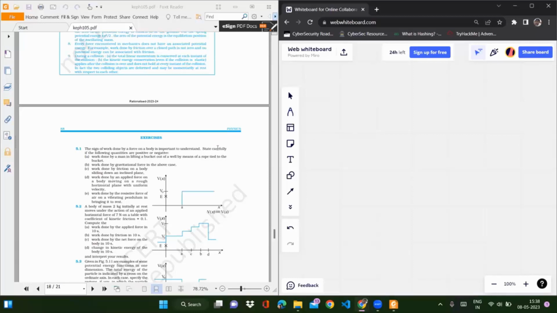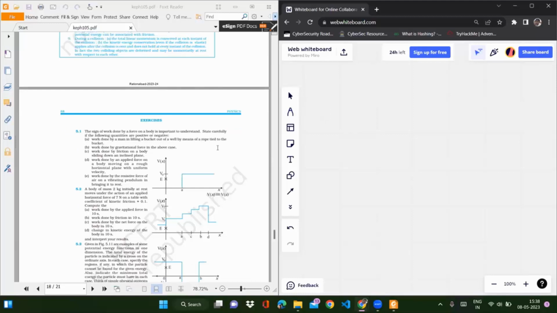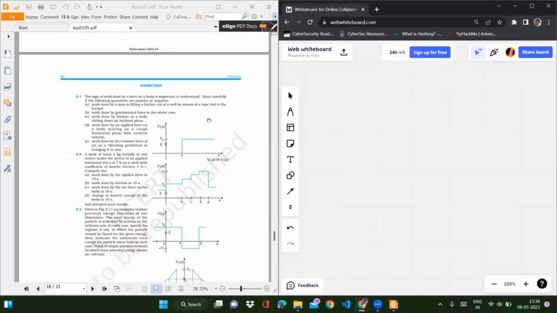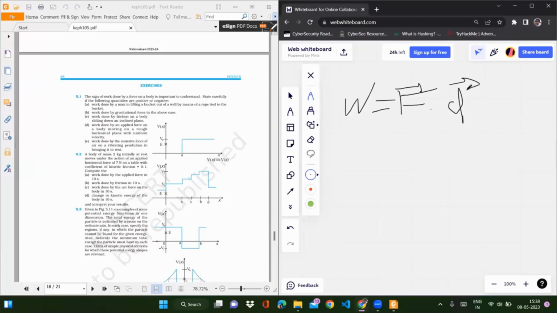So now we will see the NCERT exercises of this lesson, work, energy and power. Here is the first question. The first question says that the sign of the work done by a force on a body is important to understand. Yes, definitely, because work done is the dot product of force and displacement.